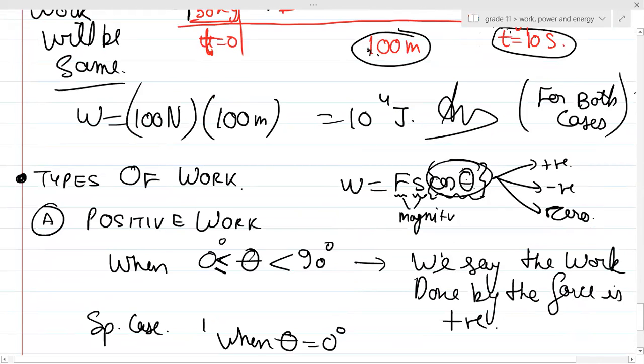It's all because of this cos theta. F and S both are magnitudes, so they will always be positive, right? But this cos theta can be positive, negative, as well as zero, due to which the whole work will be positive, negative, and zero, and that is how we categorize our work. So on the basis of this angle, we are categorizing this work.